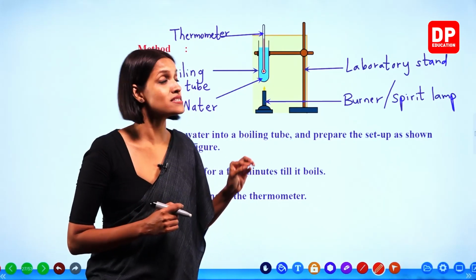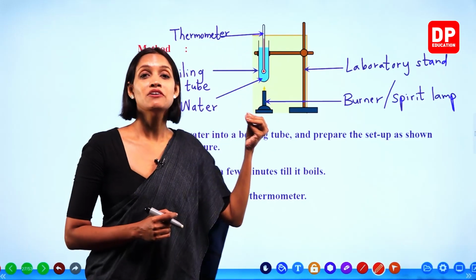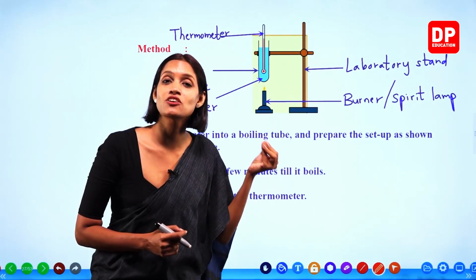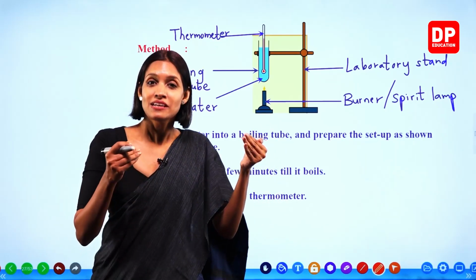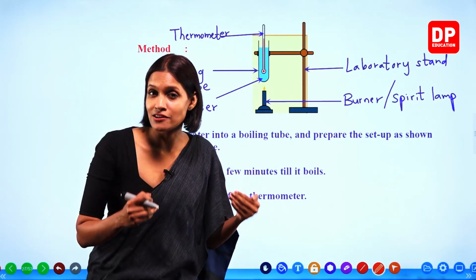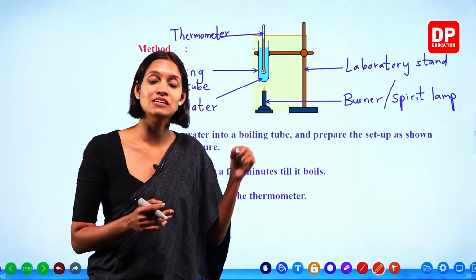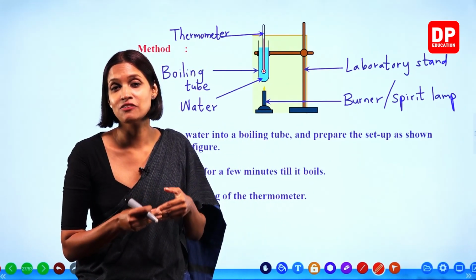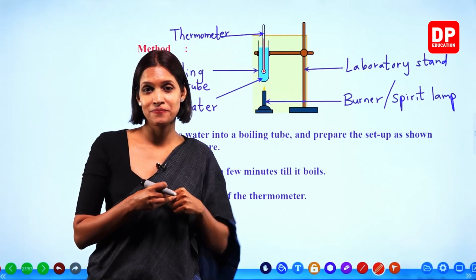Right? Which means when we provide heat, the temperature of water increases. When the water starts to boil, the temperature does not change anymore. Which means while the water is boiling, the temperature remains at 100 without changing. So after doing this activity, it's very clear. Water is boiling means what's happening, children? When water is boiling, liquid water is changing to its gas.